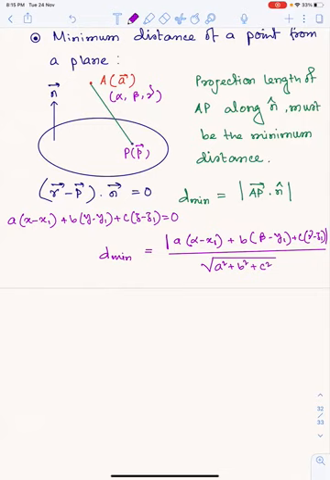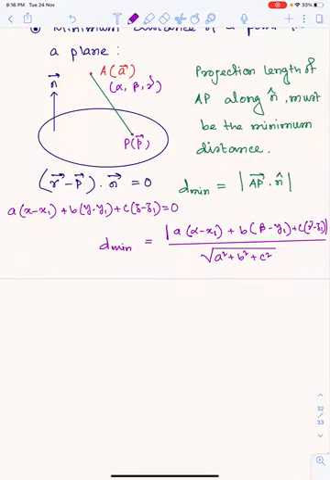That is, simply we will substitute the given coordinates for the point A in the equation of the plane, and the absolute value of the substituted expression divided by the magnitude of the outward normal direction vector will give us the minimum distance.